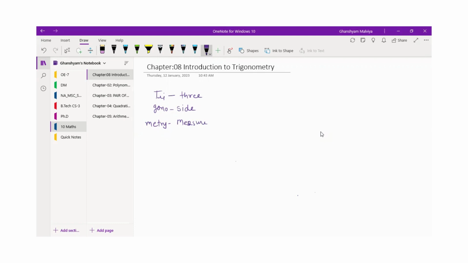So if we have a triangle, there are three sides, the measurement of three sides. It may be any type of triangle, like this.